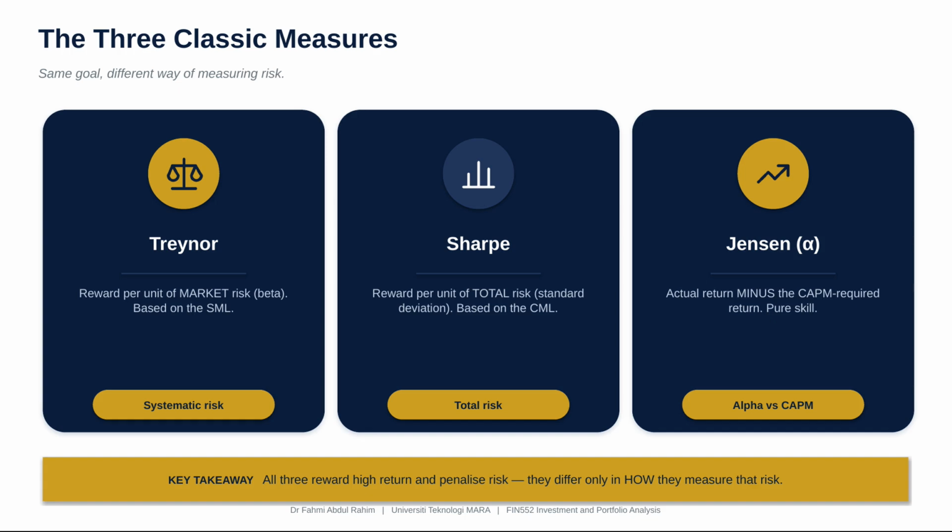So all three share the same philosophy: reward high return and penalize risk, and the takeaway captures the only real difference between them. They differ only in how they measure that risk. Beta for Treynor and Jensen, standard deviation for Sharpe. Let us take them one at a time, beginning with Treynor.